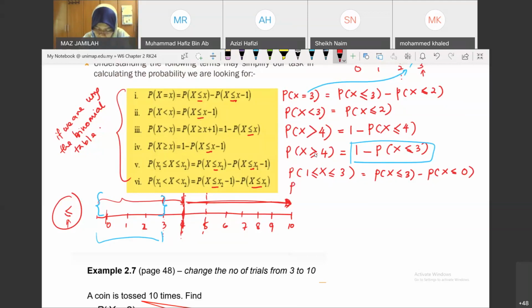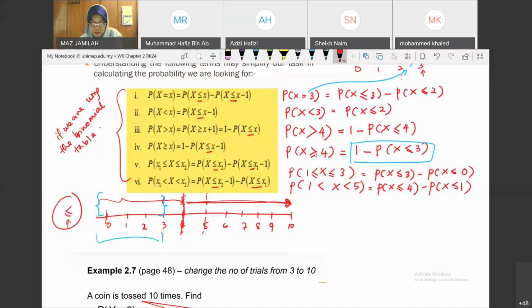If I'm talking about X greater than 1 but less than 5, for example, you will have P(X) less than or equal to 4, because 5 is not included, minus the probability of up to 1.